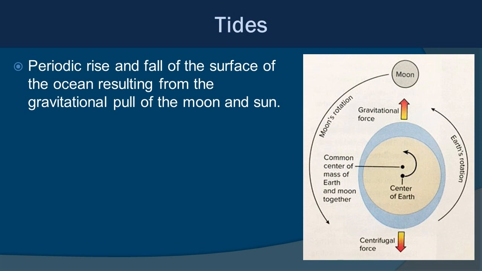It's a bit easy to understand how the water on the Earth is actually attracted to the gravitational force of the moon. Now note that there's another arrow pointing away from the Earth on the opposite side from the moon. This also represents another tidal bulge, and it's labeled centrifugal force.